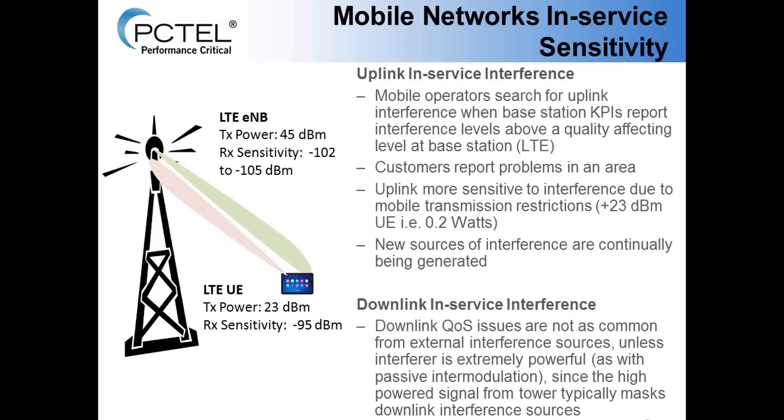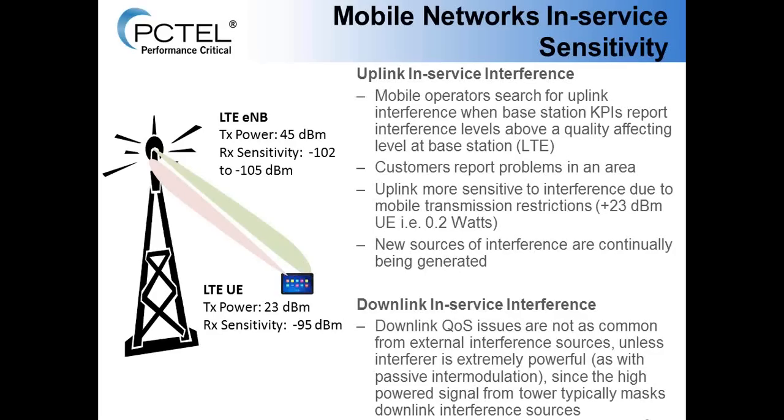And the UE transmits at a lot less power, about 23 dBm, about 0.2 watts, with a sensitivity down around -95 dBm. Again, it's actually higher, but this is what could cause interference.